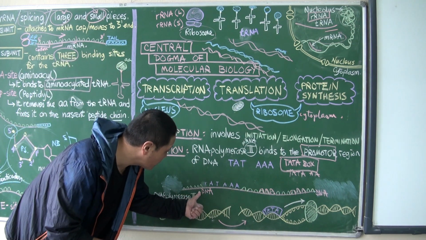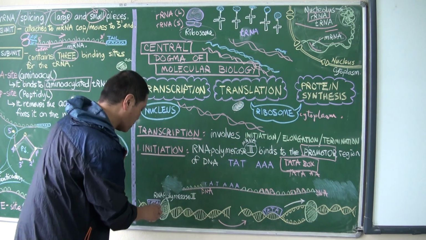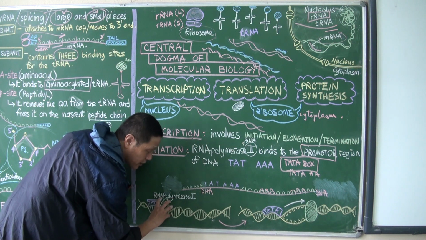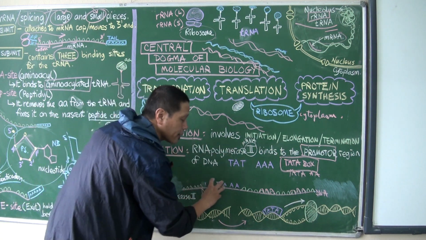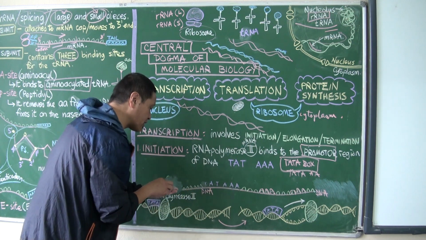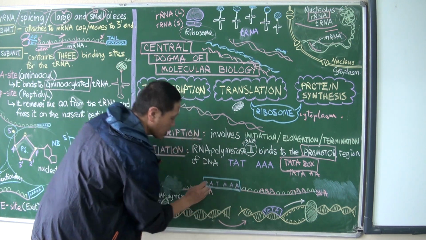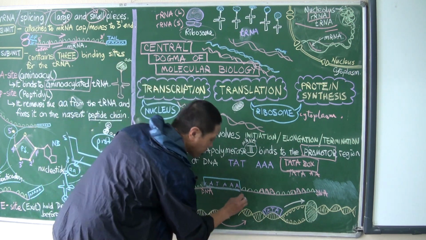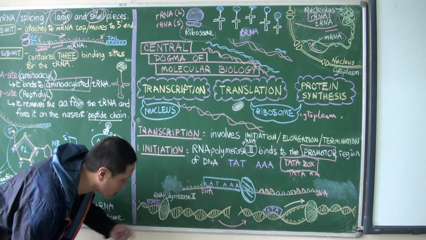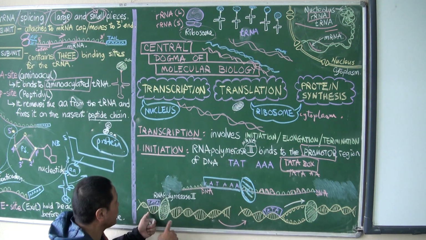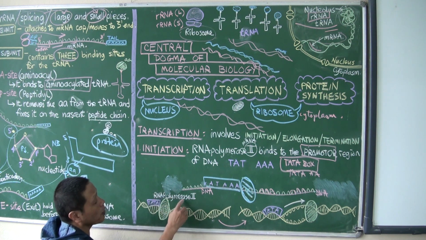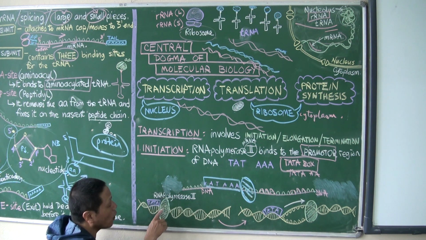So this is the DNA which needs to be copied, and the RNA polymerase has to come and fix itself at a place from where this copying needs to be done. This code, known as the TATA box, tells the polymerase to fix itself somewhere around here. Once it does so, let's look at this diagram. Here you have the DNA, and then the TATA box where RNA polymerase II fixes itself on the DNA.